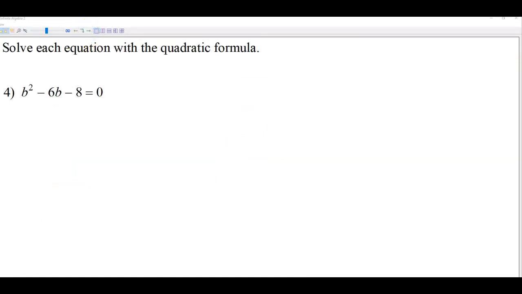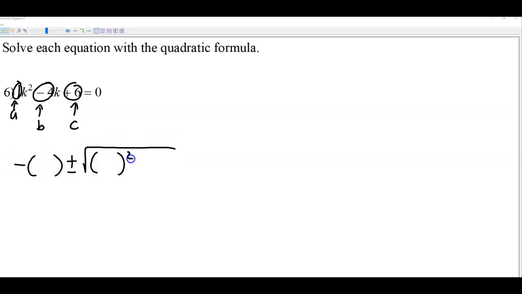Let's go ahead and take a look at number 6, another quadratic formula problem, but this one will have yet another little twist to it. Once again, my a is 1, my b is -4, and my c is 6. So, using our quadratic formula and plugging the numbers in, we will have the following.